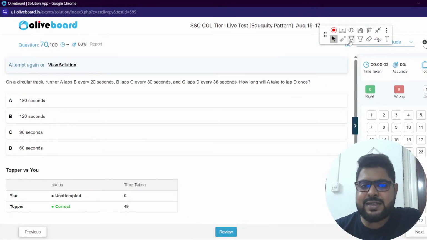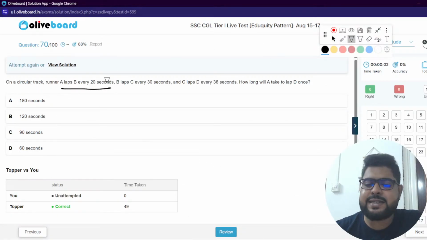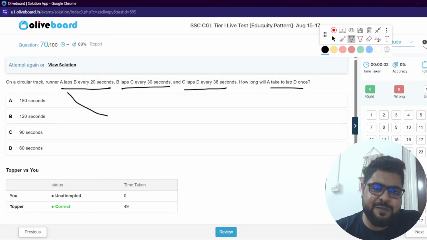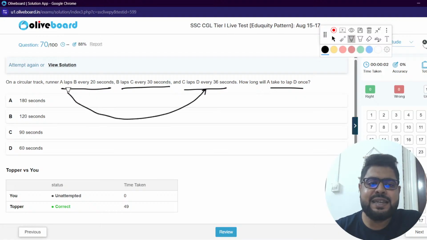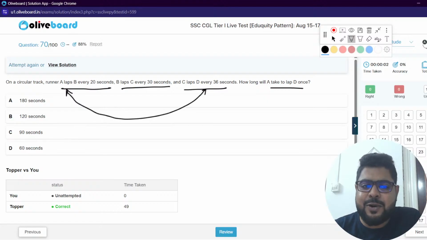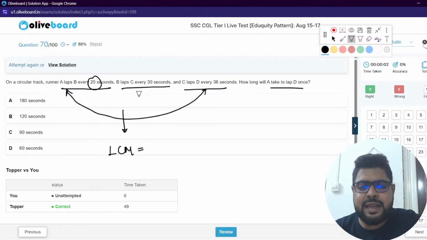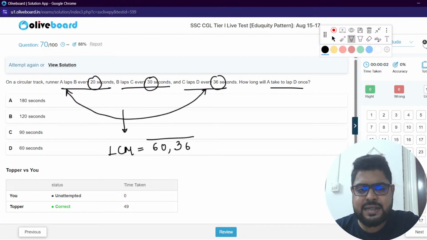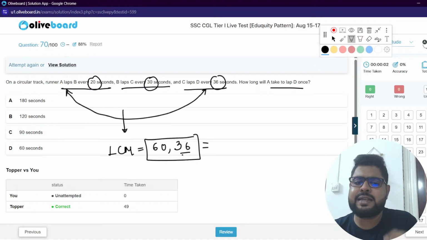Now, on a circular track, A laps B in 20 seconds, B laps C in 30 seconds, C laps D in 36, A laps D. Sir, if you have done my classes, I have explained by drawing. This is about LCM. Just take LCM of 20, 30, and 36. 20 and 30 give 60, and 60 and 36 needs one 6 extra, so 360.